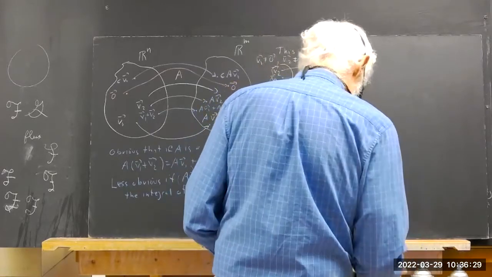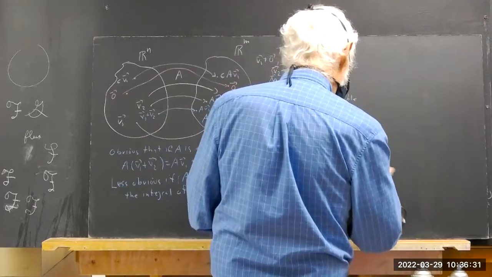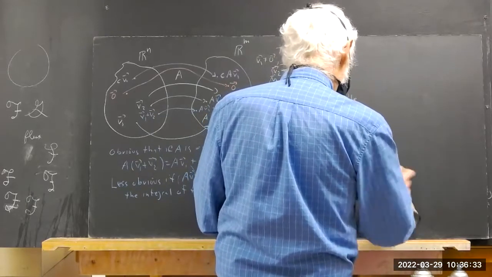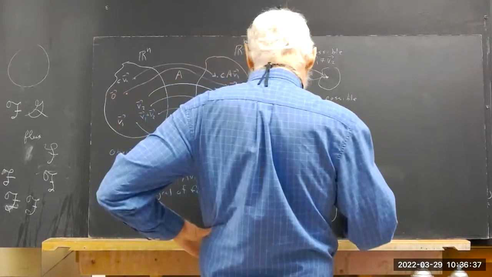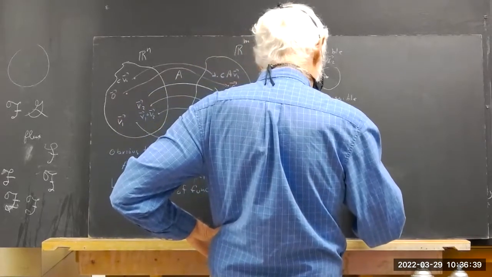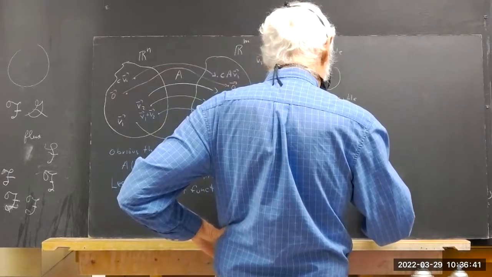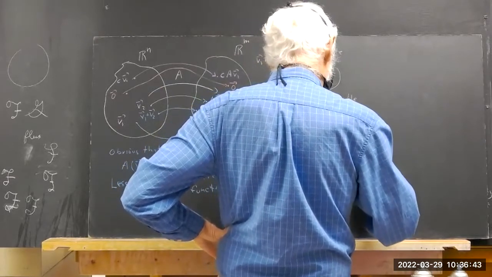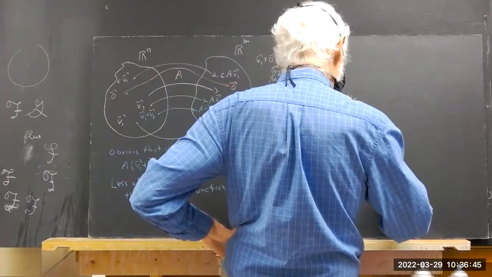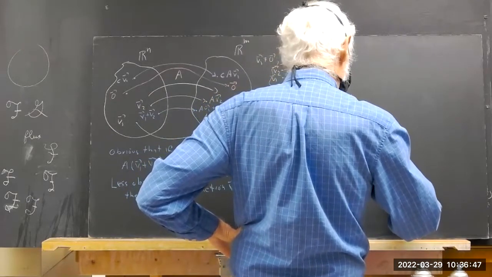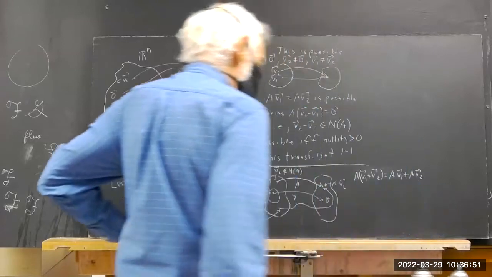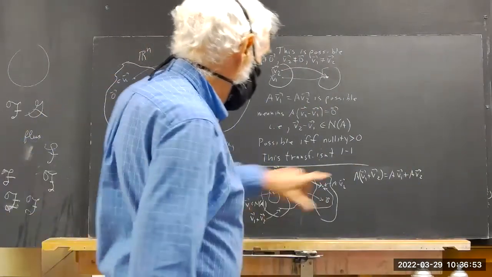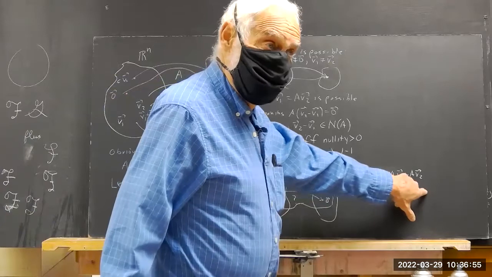Well, let's stop a minute. Let's establish first things first. A times V1 plus V2 is AV1 plus AV2.